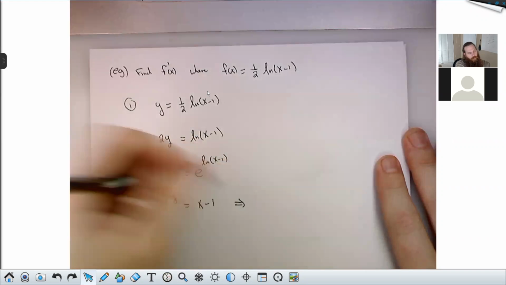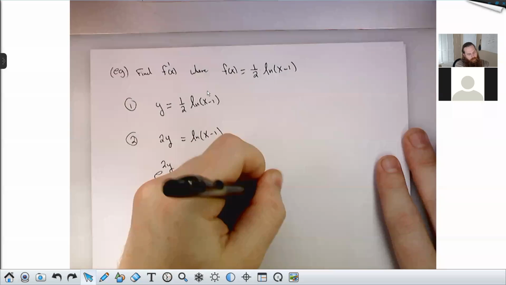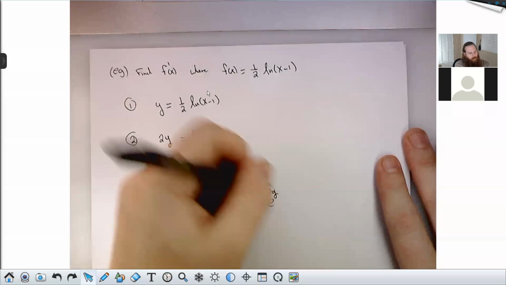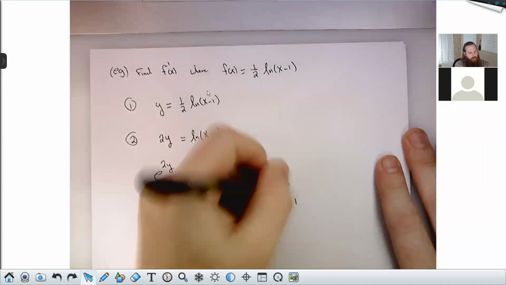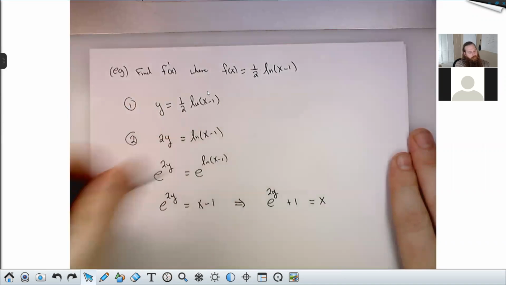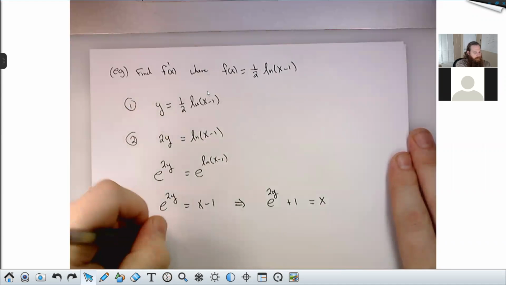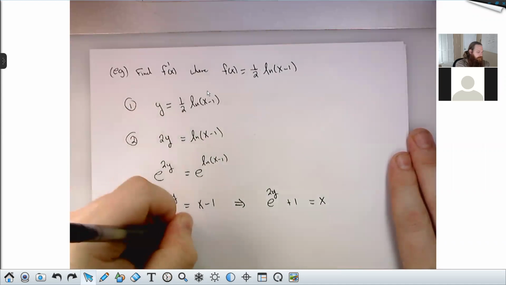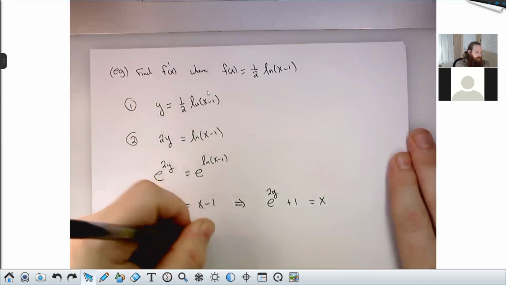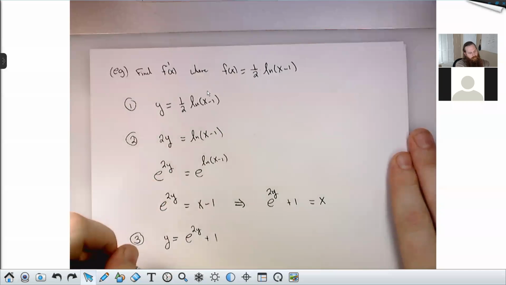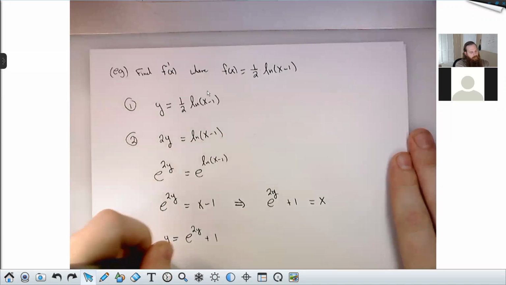And we can add 1 to both sides, and we get e to the 2y plus 1 equals x. So now we can swap x and y. And then f inverse is just that.